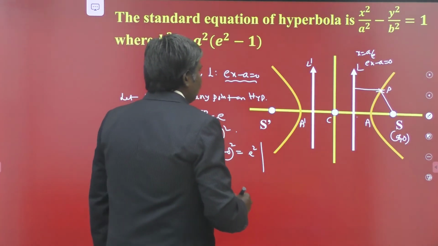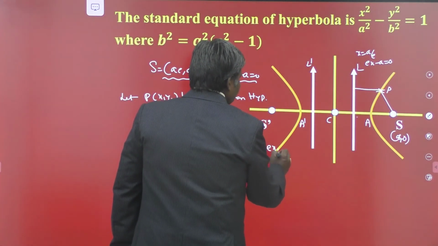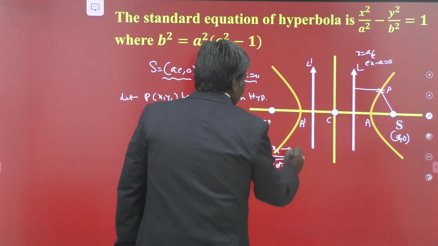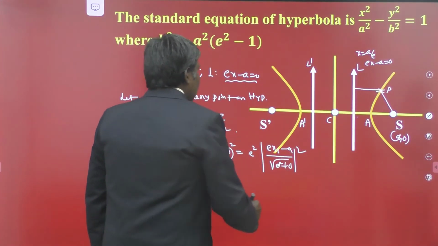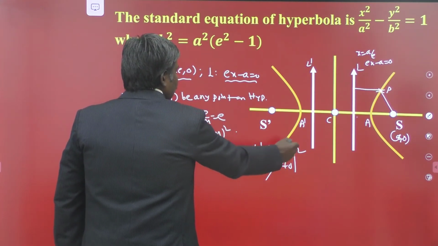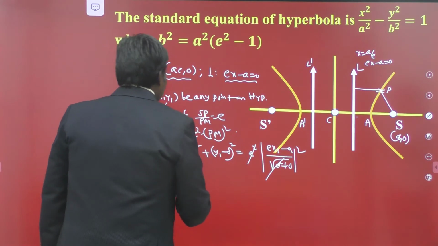That means (Ex1 minus A) by root of E square plus 0 whole square is there. Now this E square and E square gets cancelled. Root E square means E, whole square is also there, that's cancelled.